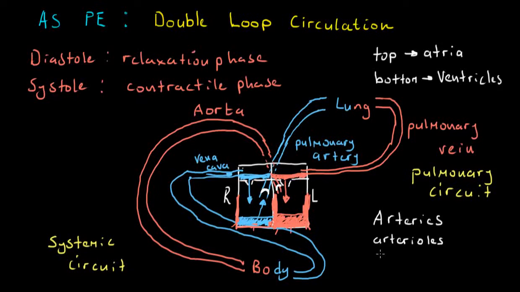They're a bit smaller. Those arterioles then lead into tiny little vessels that lead to every tissue cell of the body, and we call these capillaries. I don't mind how you pronounce it. Personally, I say capillaries, and these are one cell thick and allow gases to exchange across their membrane.